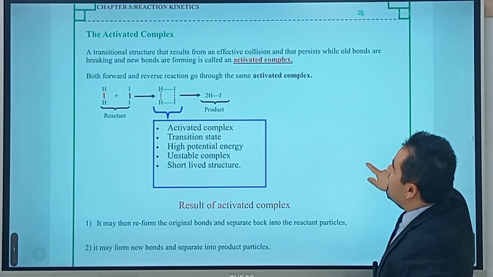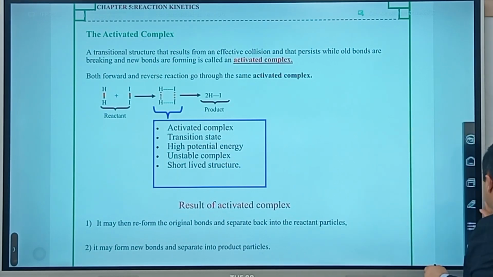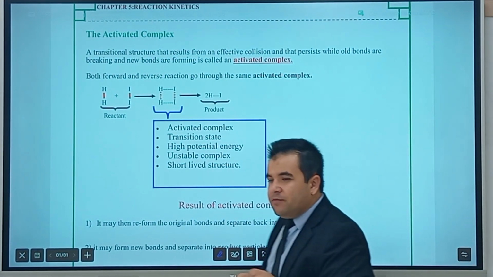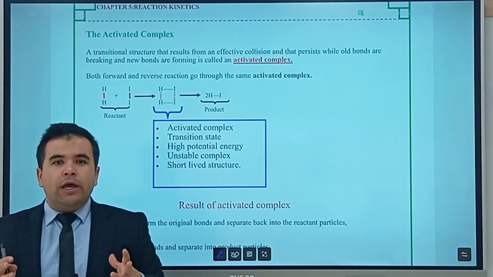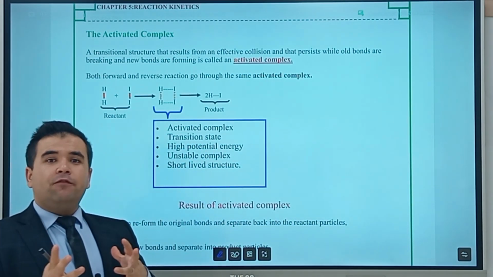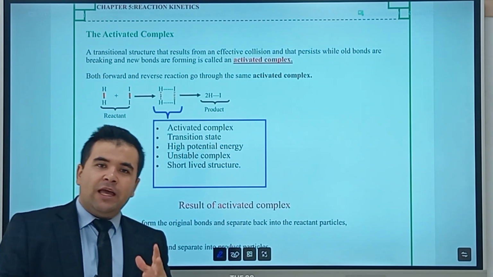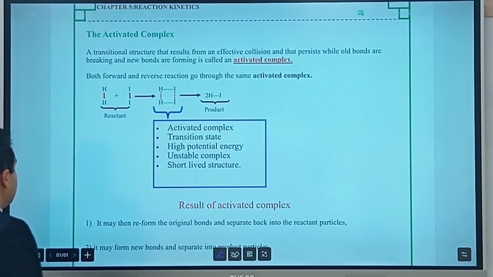Let us talk about the activated complex and the properties of that region. Guys, the activated complex graphically is the crest of the graph, the top part of the graph, which is in the highest position of energy.